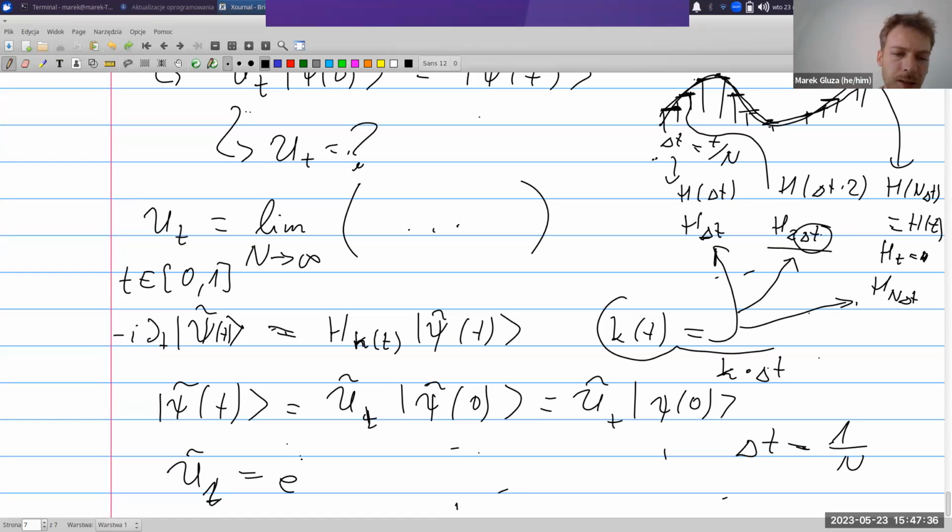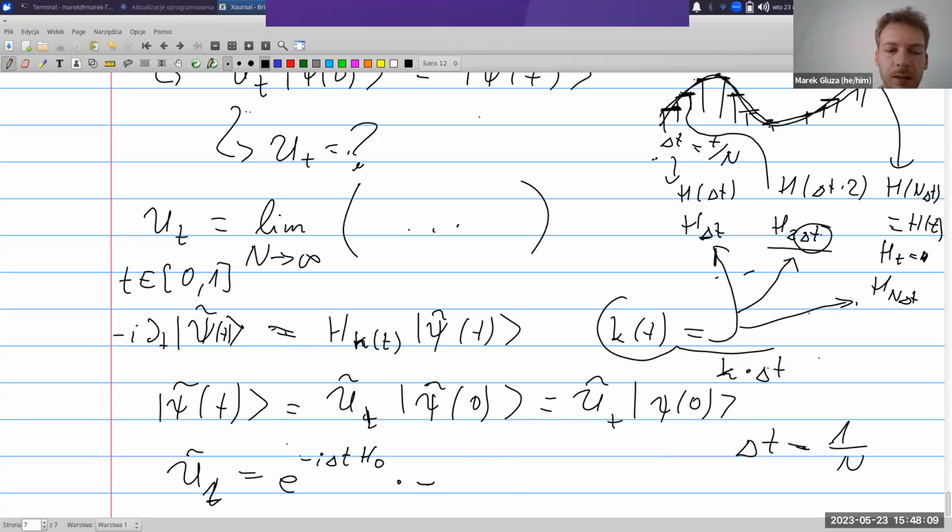Okay, and then I have e to the minus i delta t h sub 0 times, okay, I will need to invert this, but this will be fine. E to the minus i 2, no, sorry. The duration of the interval is always delta t, not 2, I got ahead of myself.